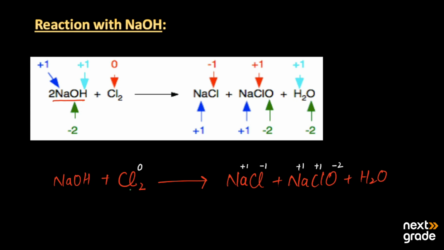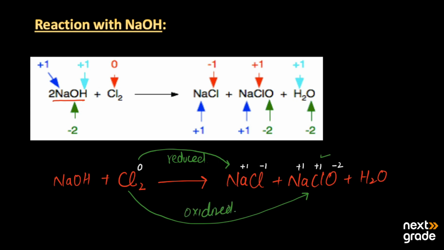Now by comparing, when the oxidation state changes from 0 to -1, chlorine is reduced in this reaction. On the other hand, in the second product, when its oxidation state changes from 0 to +1, it gets oxidized. So that type of reaction is called a disproportionation reaction, and it takes place at a temperature of 15 degrees Celsius.